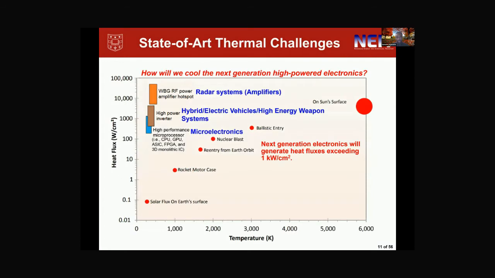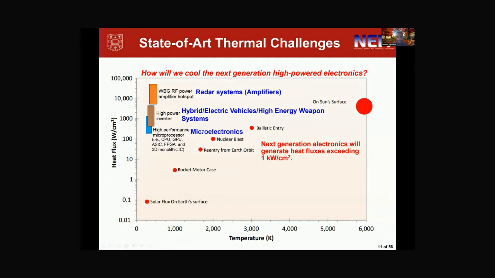In addition to some of the thermal challenges for microelectronics, there are also very big thermal challenges for the next generation of high power electronics. We said that in the next several years, the microelectronic system is going to reach 1 kilowatt per square centimeter.